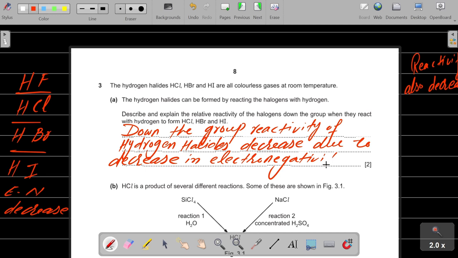Hope you people got this point. Down the group electronegativity is actually decreasing, so the attraction between positive and negative becomes decreased, okay.